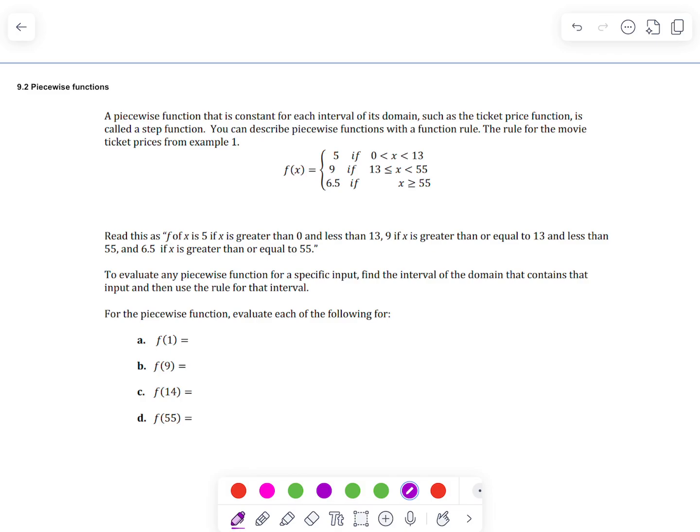So then it says, for the piecewise function, evaluate for the following. So these are our domain values. So we're evaluating the domain, which is our age. And our output will be our cost.